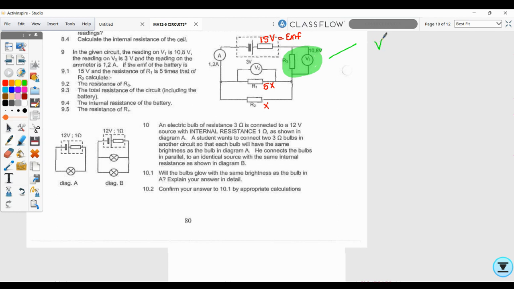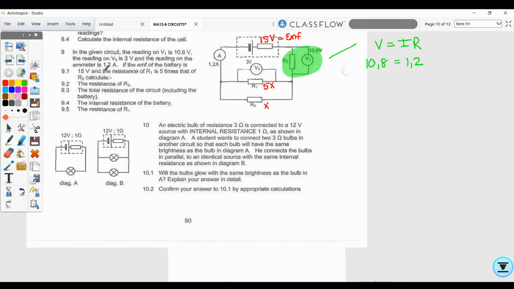Can I use V equals IR? That's always your first thing to go to. Do I have V? Yes, it's 10,8. Do I have I? It's the total current because it didn't split up here. The total current goes through R3. It splits up here, yes, but then it combines again there. So actually, yes, it is 1,2.